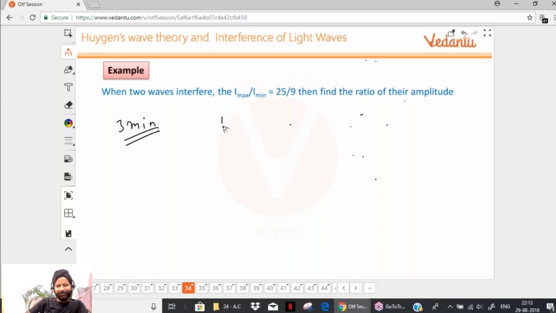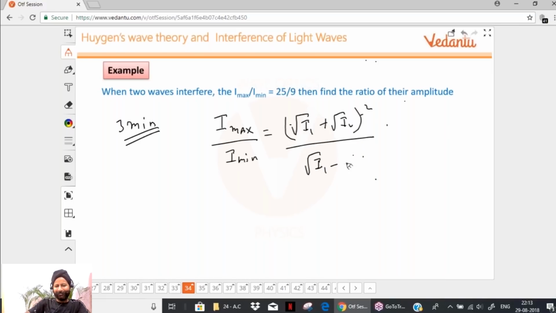Okay, let's do this together, please. Everybody, please see here. I max by I min is (root I1 plus root I2) whole squared divided by (root I1 minus root I2) whole square. Right? This is what we got. But what is root I1?